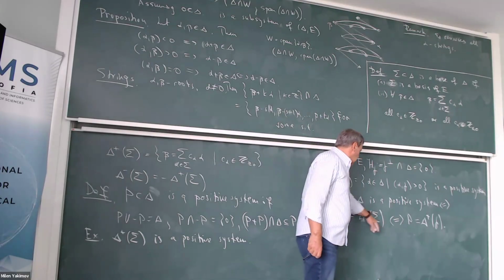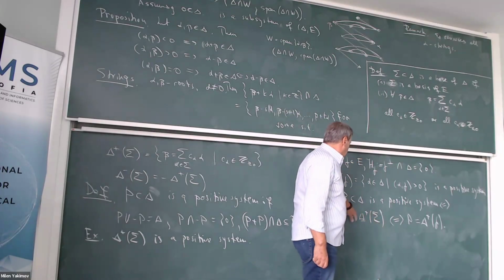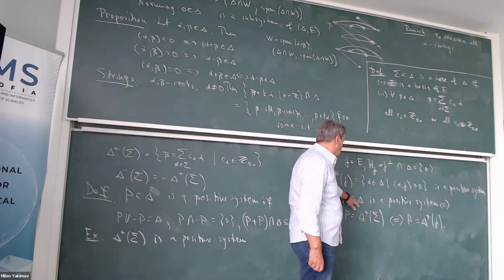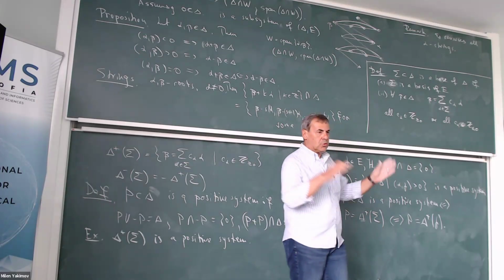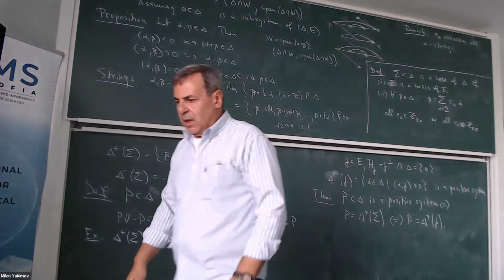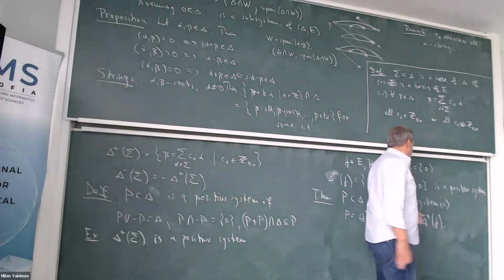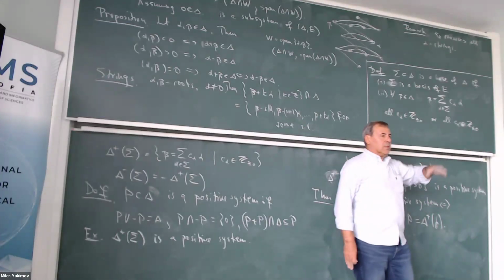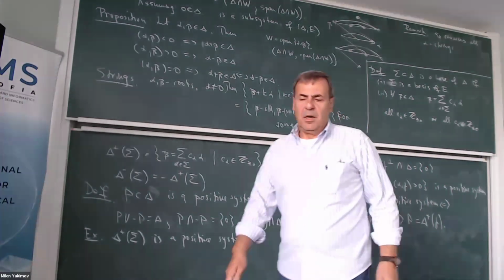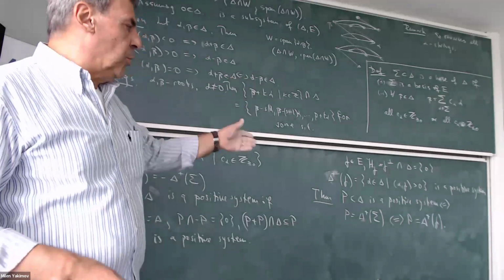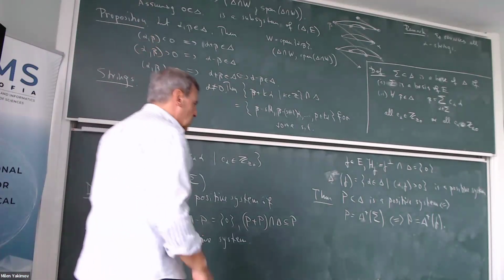Moreover, the first one is a bijection of positive systems to bases. Of course, it is not a bijection between positive systems and hyperplanes, but it is a bijection between positive systems and Weyl chambers.